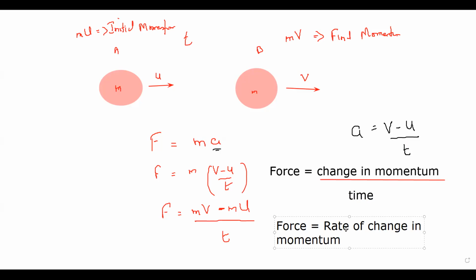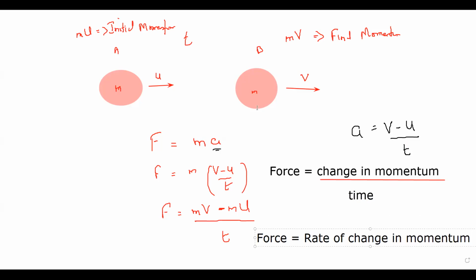So this is how momentum and force are related to each other. Whenever a resultant force acts on an object, momentum will change, and the change in momentum in a unit time refers to the applied force.